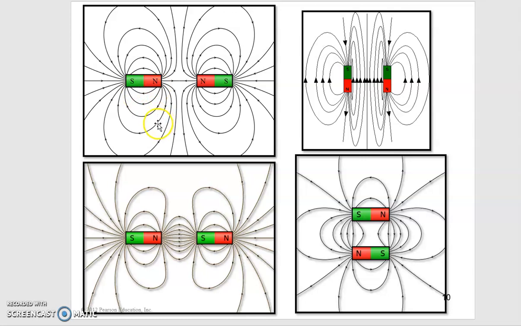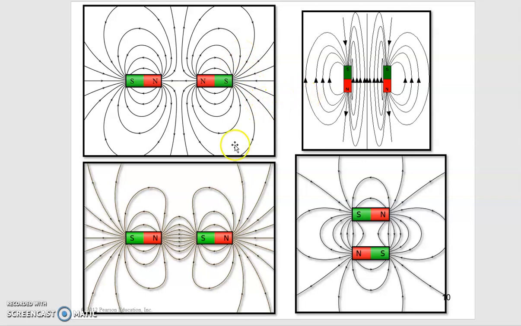But think about it, if in the exam I remove the letters N and S and simply let you see the direction of the field lines, can you still understand which is the north pole and which is the south pole? Remember our convention: the magnetic field line always comes out from the north pole and goes back to the south pole. Okay?